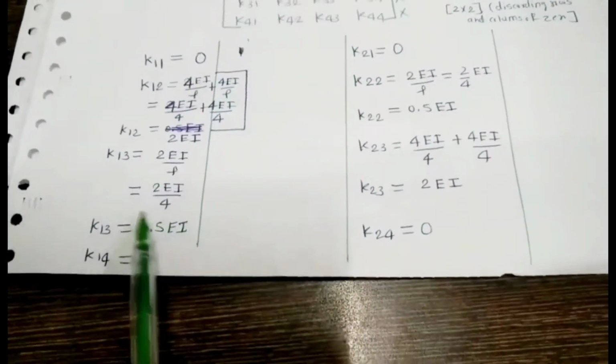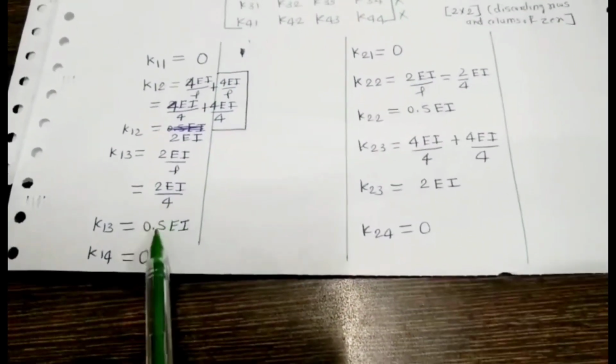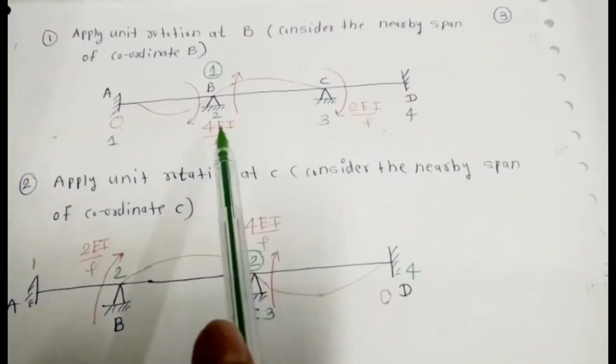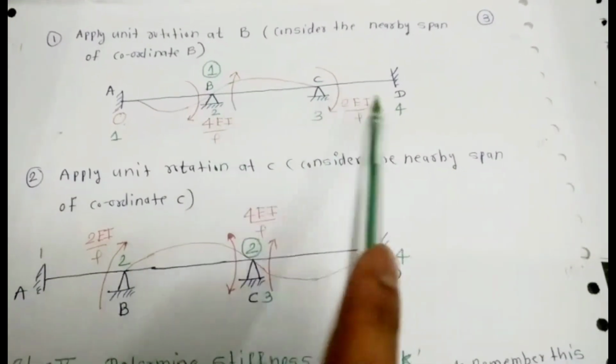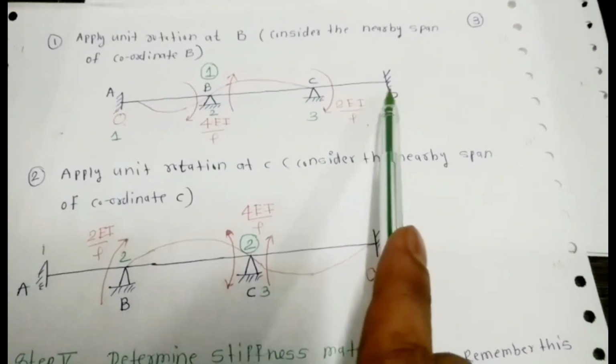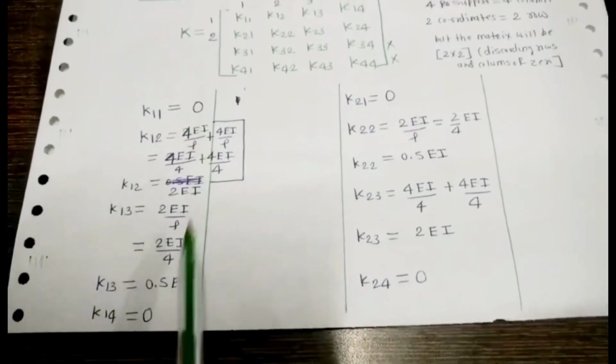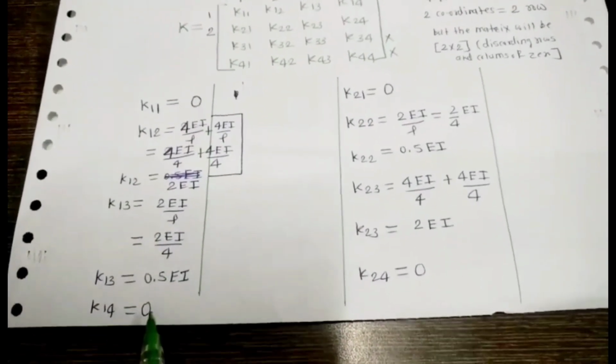So the value, after simplifying, will be 0.5 EI. Next is K14, the first coordinate effect on the fourth point. You can see here that it is 0, so your K14 will be 0.